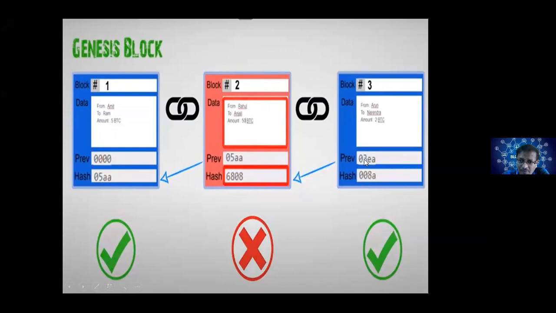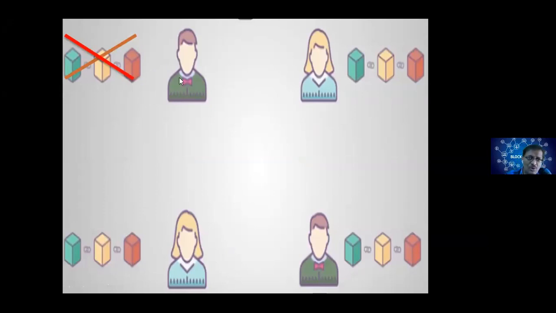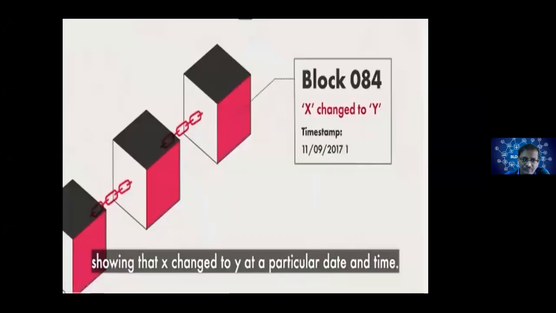Actually, we need to have 03EA here, but it is changed. So obviously this blockchain gets validated at the particular node where the change is made. Suppose this person has made that alteration in the second block. Obviously his blockchain gets validated and he needs to get a copy from the other nodes.